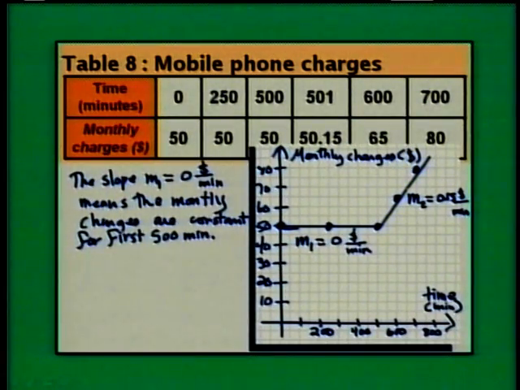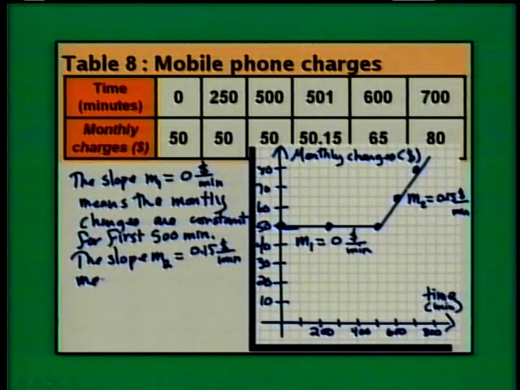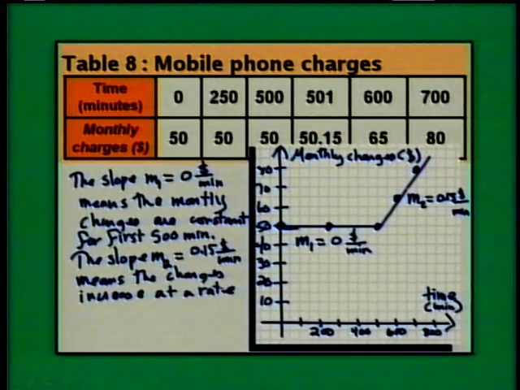The second slope, m2 equals $0.15 per minute, means the charges increase at a rate of 15 cents or $0.15 per minute after 500 minutes.